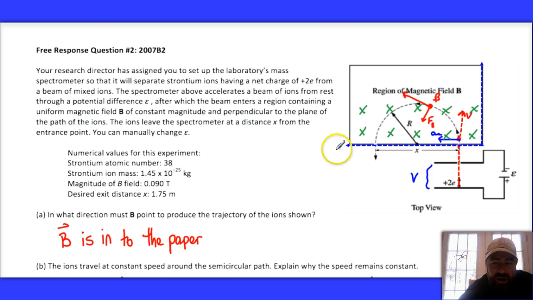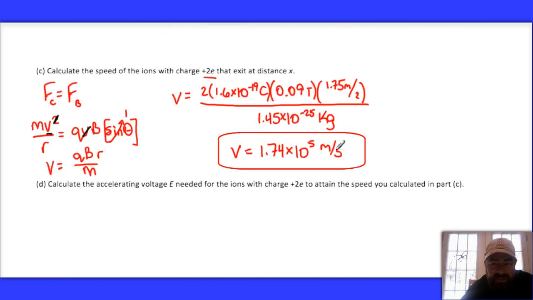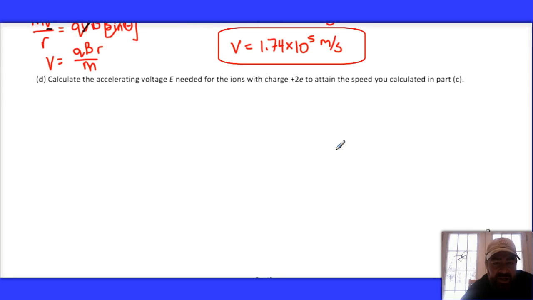This should harken back to problems we've done previously in electrostatics. As soon as I see kinetic energy and speed, I should be thinking of the work energy principle. So let's remember that by definition voltage is the potential energy per unit charge.